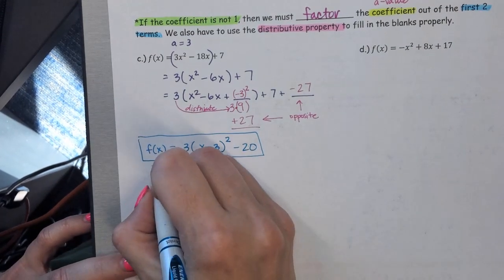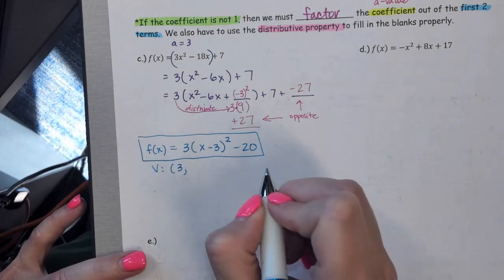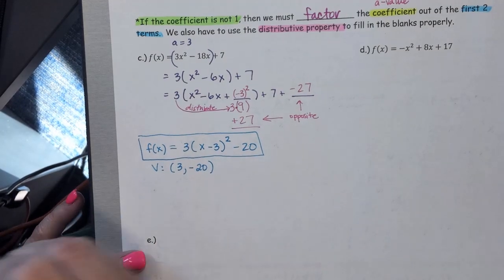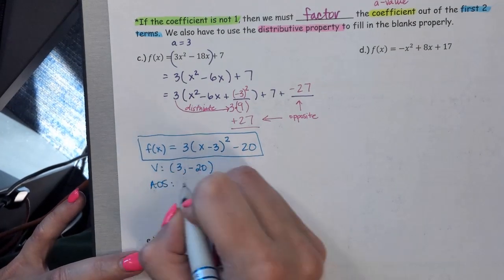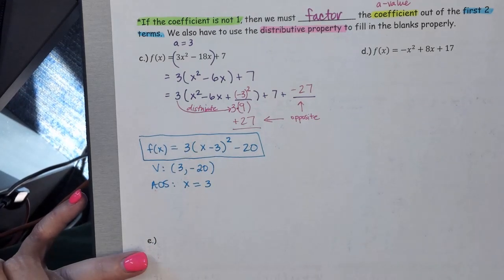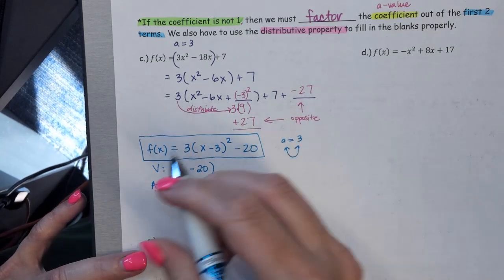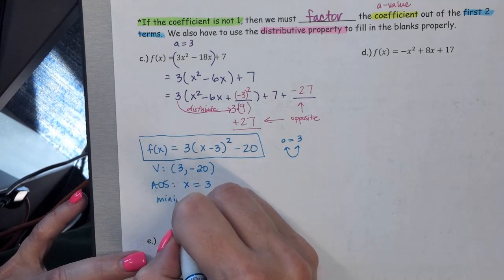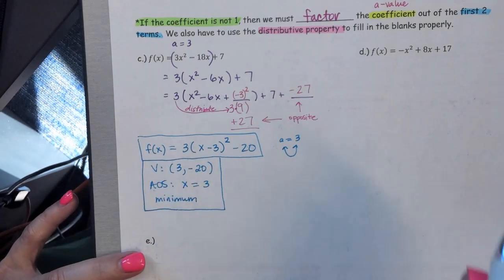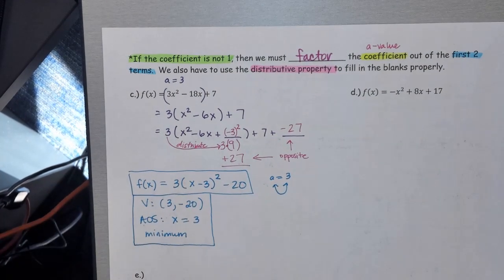Okay, so your vertex is still just the opposite of what you see inside. Your axis of symmetry is x equals this value. And then because your a value is positive, it's still opening upward, which creates a minimum. Okay, so a small change there with the distribution.